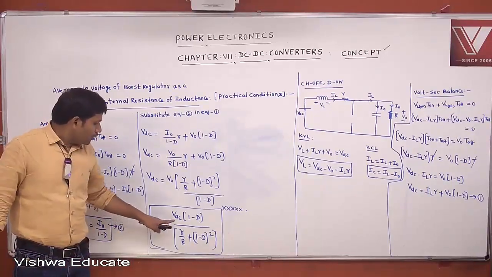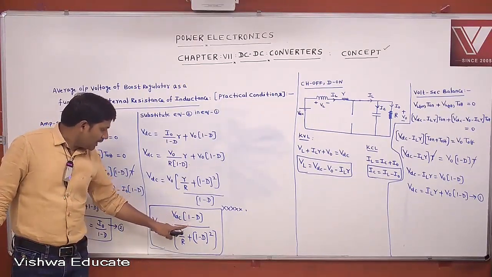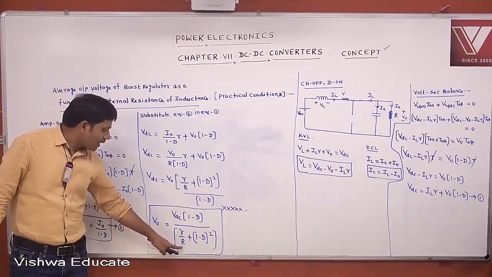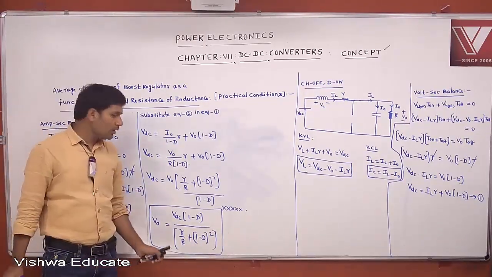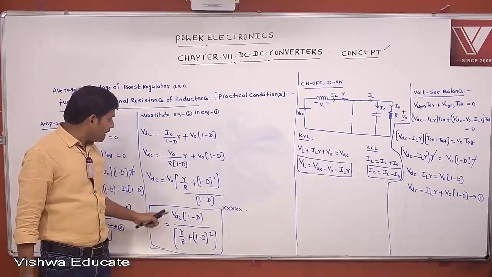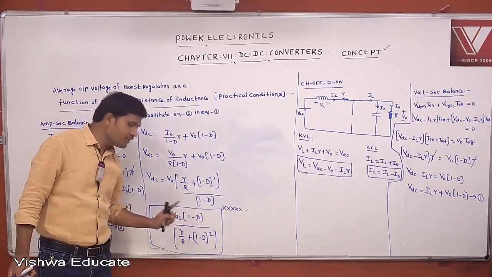V naught equal to VDC into 1 minus D by small r by capital R plus 1 minus D whole square. This is the expression for average output voltage as a function of internal resistance of inductor.